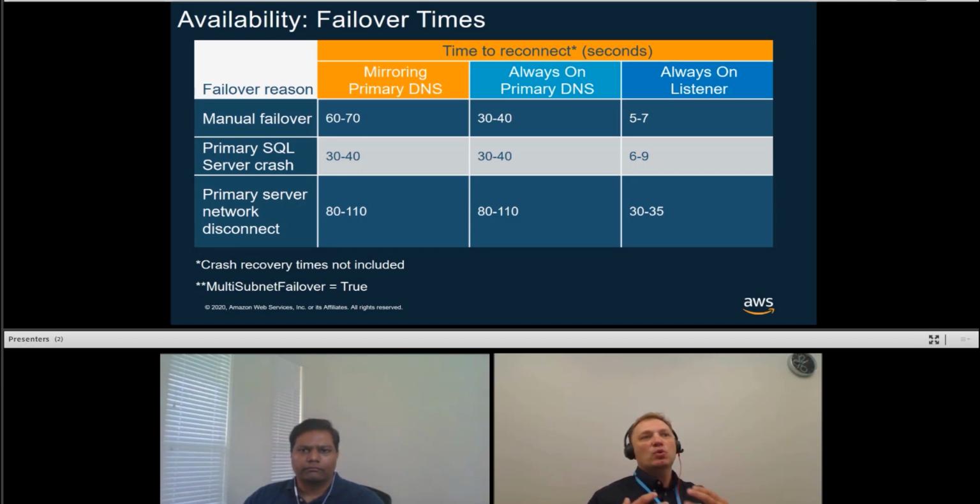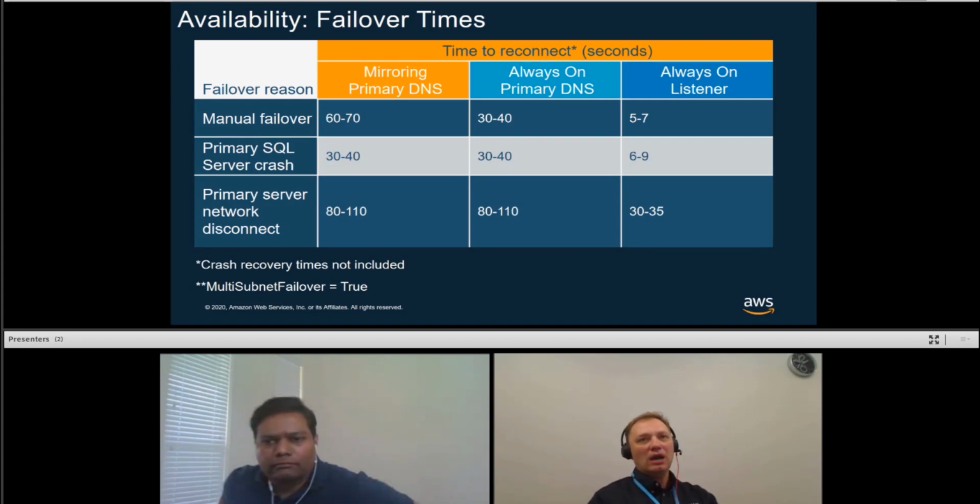Now, we will expose that listener endpoint to you. And if you use that endpoint to connect your application to your database, and if you use a relatively modern ADO.NET driver, Microsoft started supporting this MultiSubnetFailover setting since version 4.5, I believe.